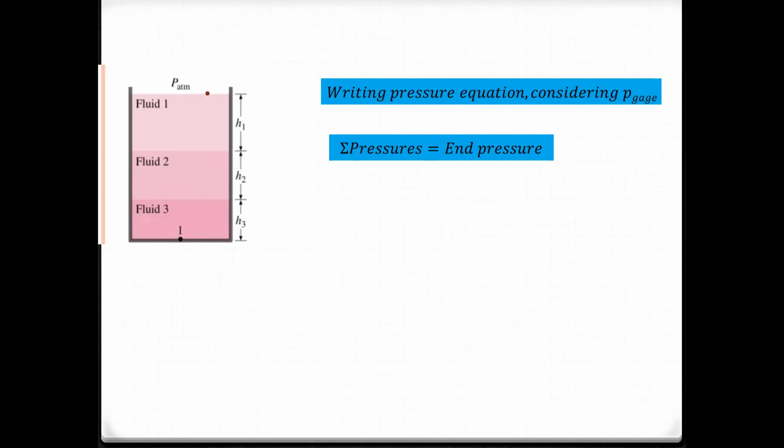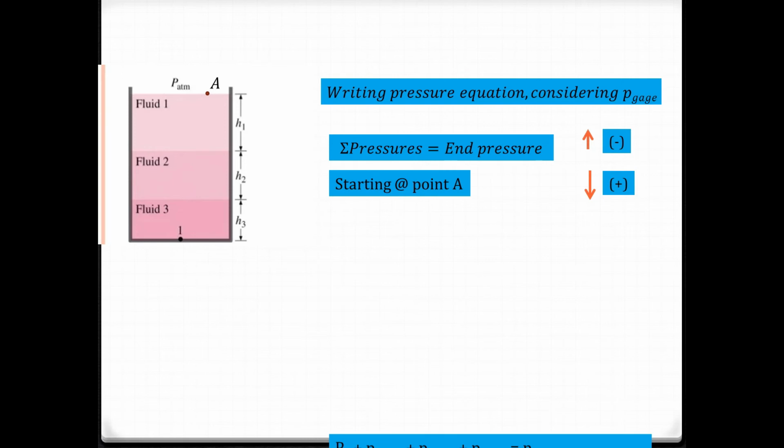Now, if this point is point A, starting at point A, we write equations considering that if we go down, that will be indicated as positive, and if we go up, that will be indicated as negative. Since point A here is the topmost point of the setup, all of our operations will be positive because we are all going downwards.